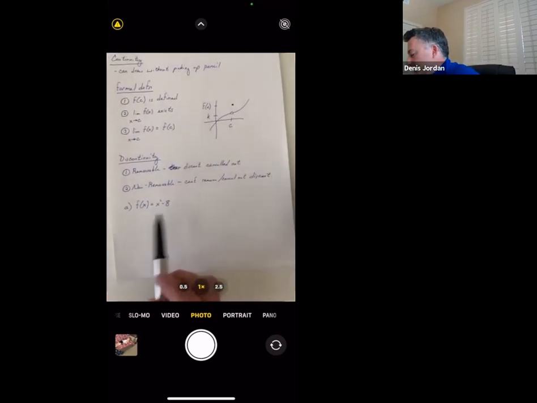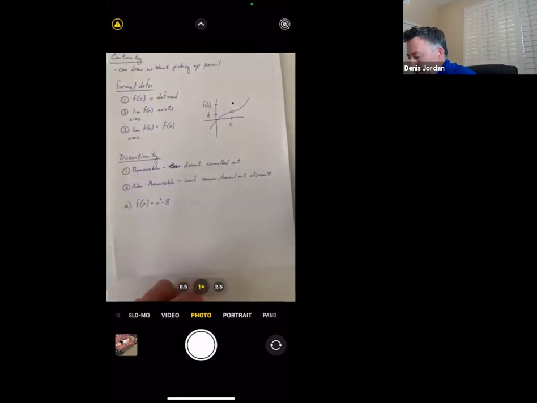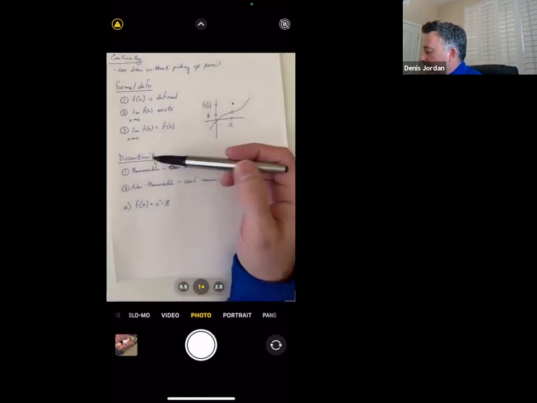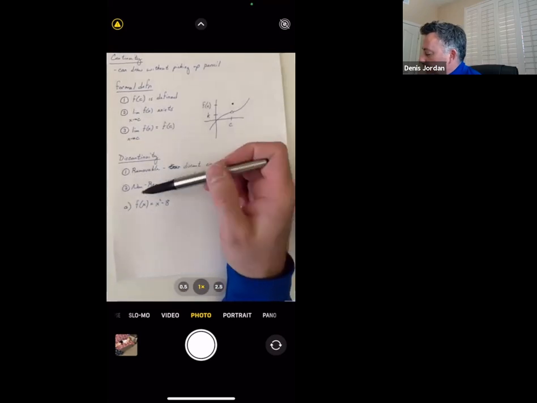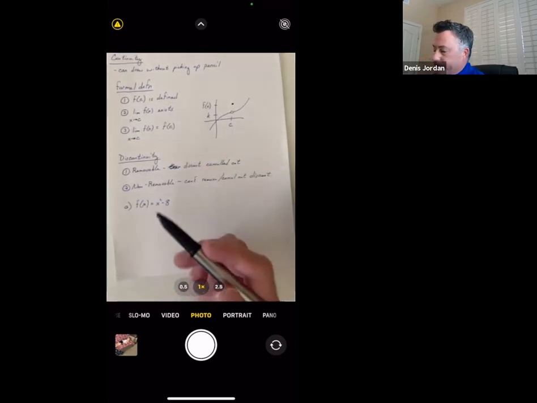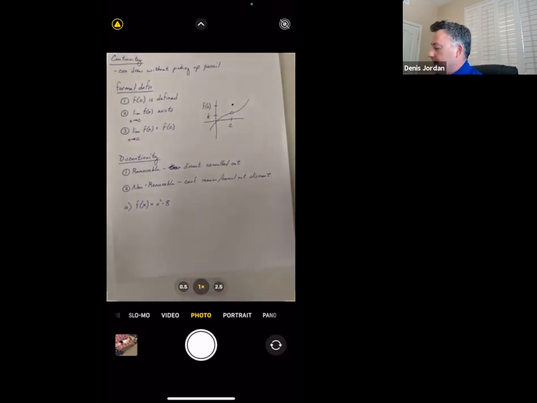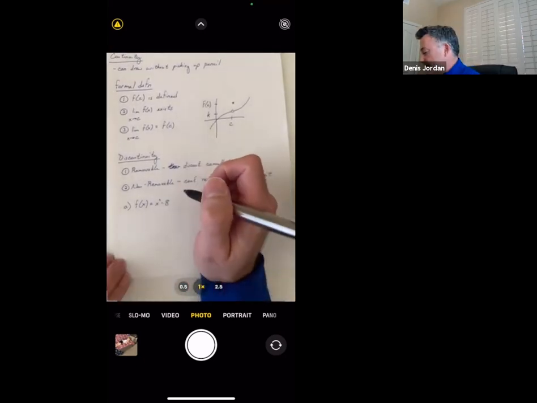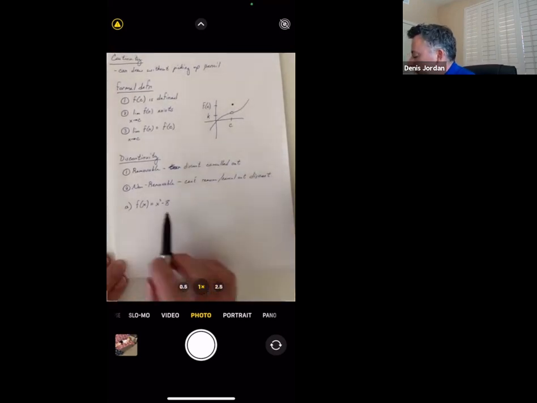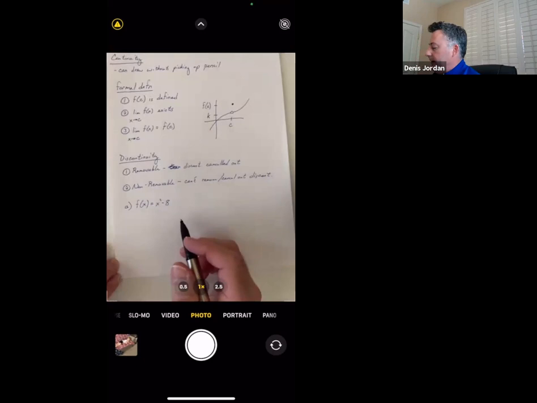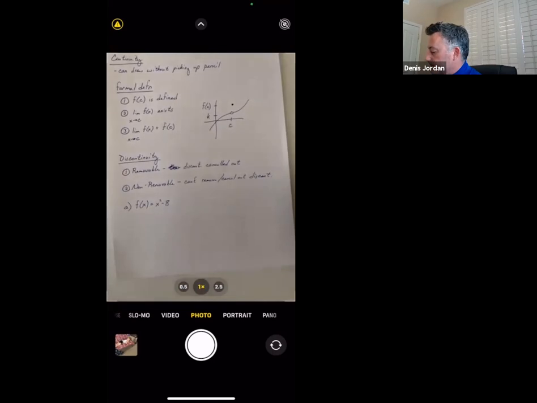When it says to discuss the continuity, that means you're identifying where the function is continuous, identifying where the discontinuities are, and whether each is a removable or non-removable discontinuity. There's a lot that can happen in that little sentence. So what would you say for x squared minus 8? What would you put down?